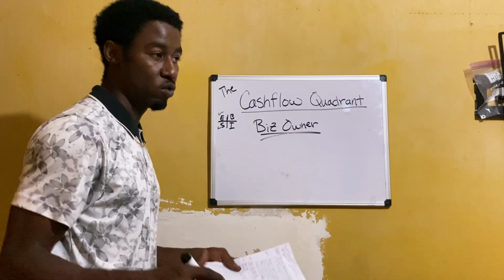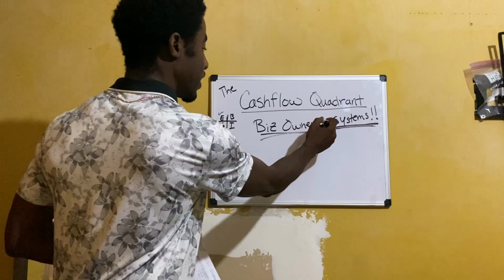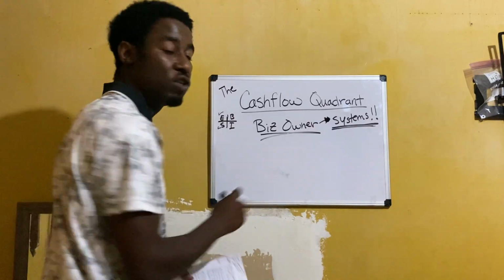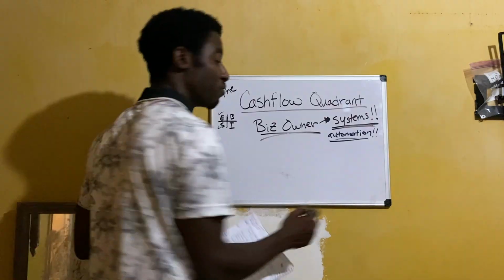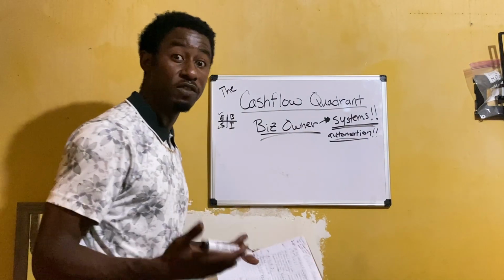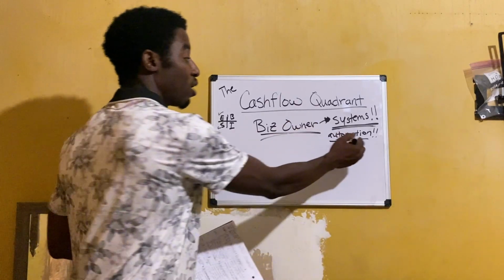What makes the business owner? A business owner has systems. That's the biggest thing that makes a business owner. You don't even have to have employees, but if you have systems, automation, we got AI videos and stuff these days, right? We got AI employees, AI agents we can use to automate our processes.